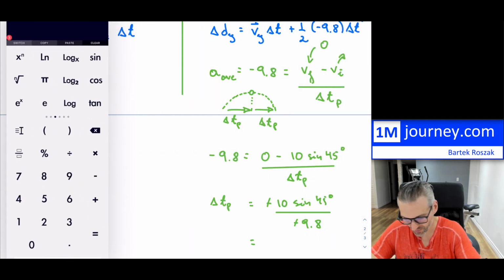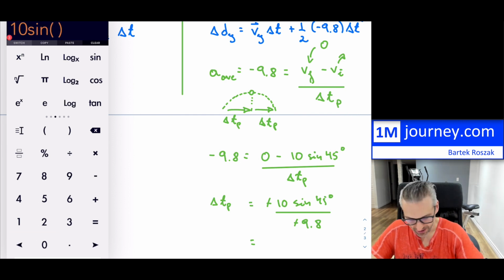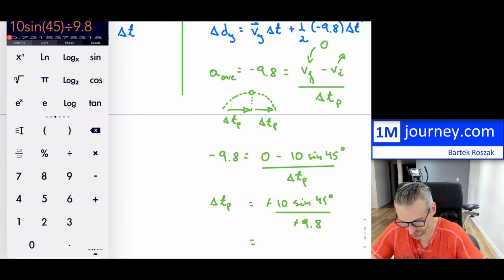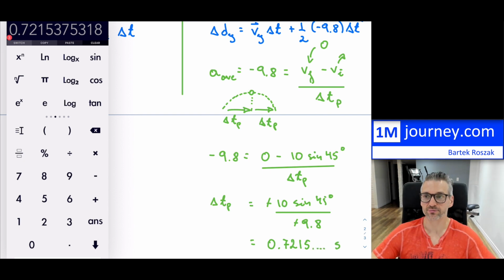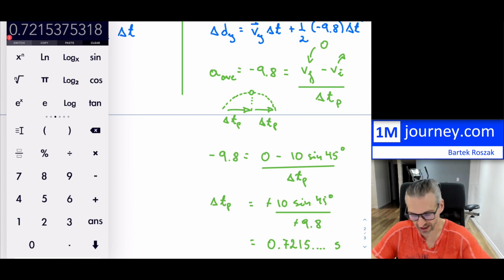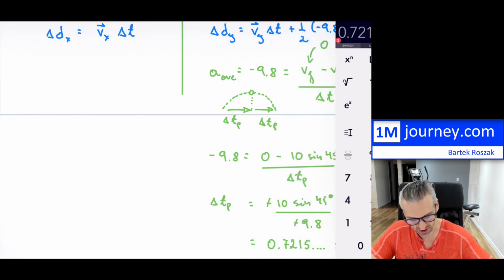Of course, this depends on what we have been given in terms of the angle and the actual speed that this thing was shot out at, or you jumped at, or you threw the ball at. It's going to be 9.8, equals approximately 0.7215. You can put more if you like. And this was in seconds, because we are dealing with everything in meters and seconds. So just make sure that you're consistent in your units.